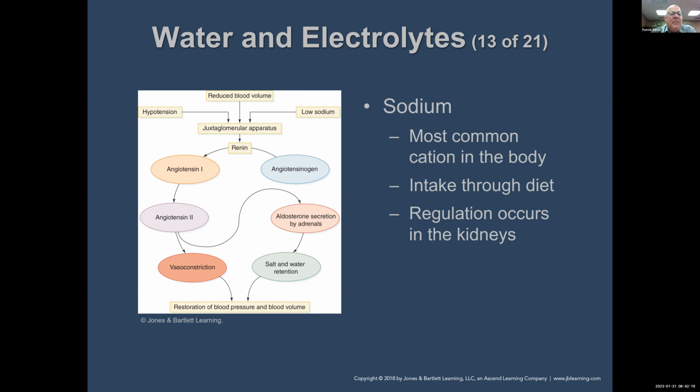And what happens is angiotensin 2 then will create vasoconstriction, which can help improve hypotension and reduced blood volume, right? But angiotensin 2 can also then convert to aldosterone, okay? And that is secreted by the adrenals.